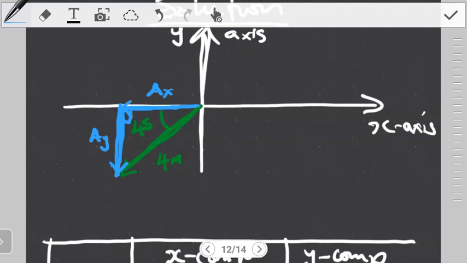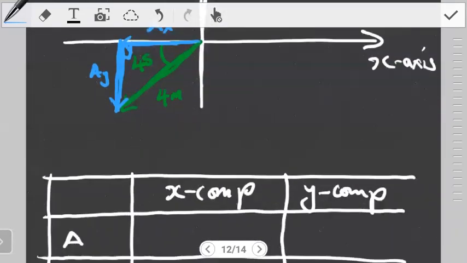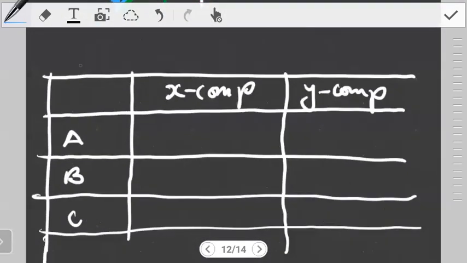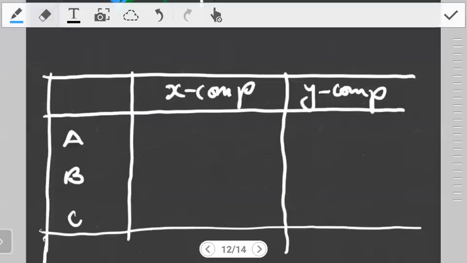Now, one other key thing that you have to remember here is that A in x is pointing to the left. A in y is also pointing down, meaning that these 2 components are both going to be negative. In other words, perhaps I can even, let me create more room here.